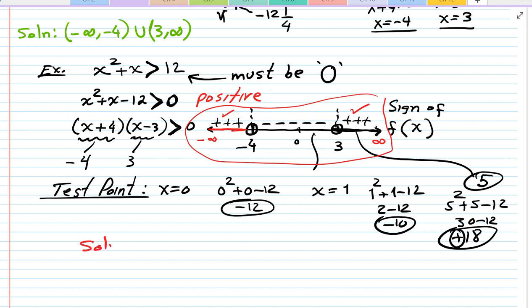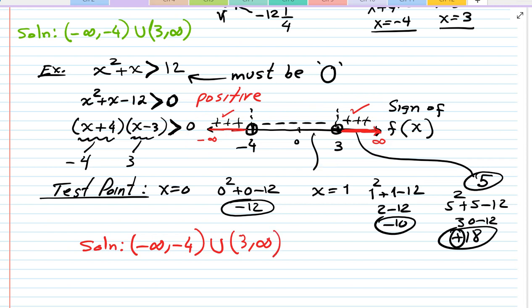So the solution, again, just like before, from negative infinity up to -4 is positive, union the right segment on the number line, stretching from 3 to infinity. There you have it. And we have solved this inequality. See how that works?